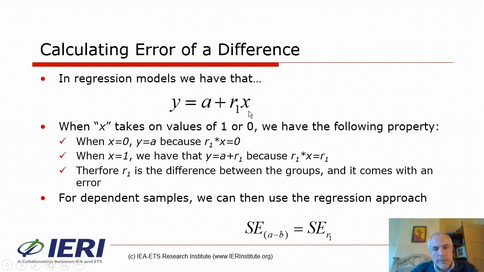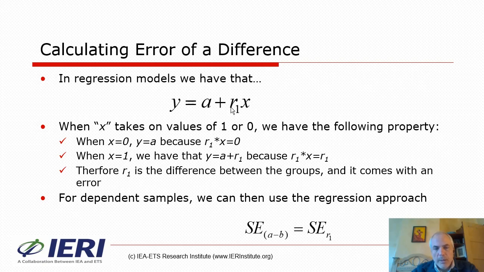Now, if this variable takes on values of 1 and 0, then when x is 0, that's going to give us the mean of the group that has 0 value here. And when x takes a value of 1, then y is going to be a plus r. So r is, in this case, going to be the difference between the two groups.